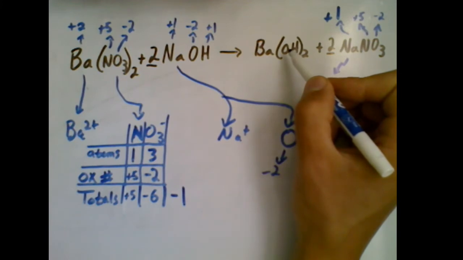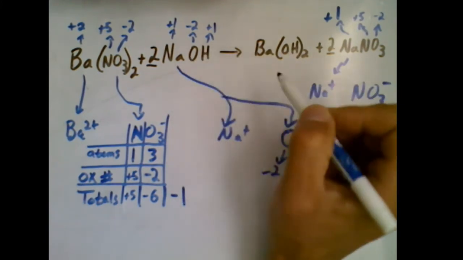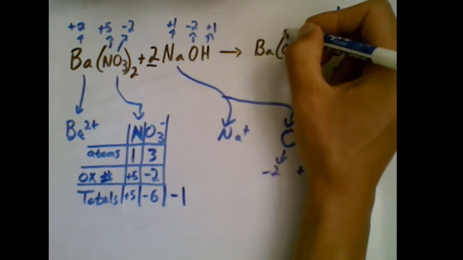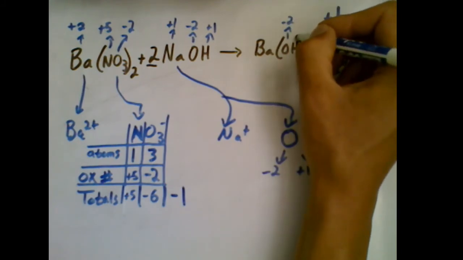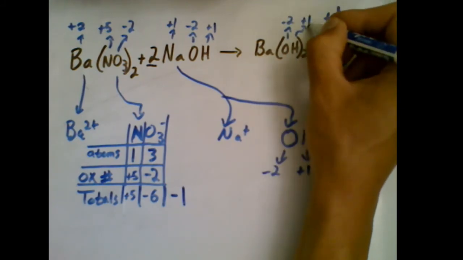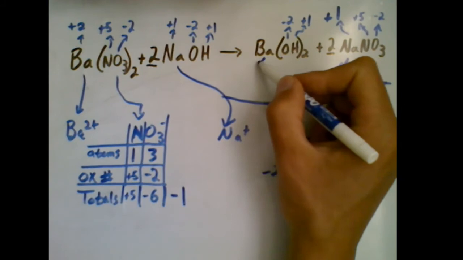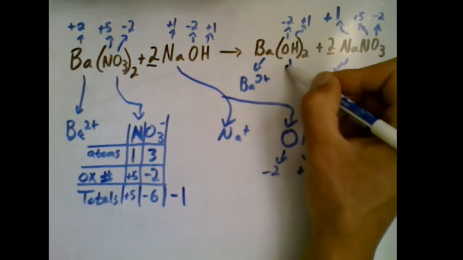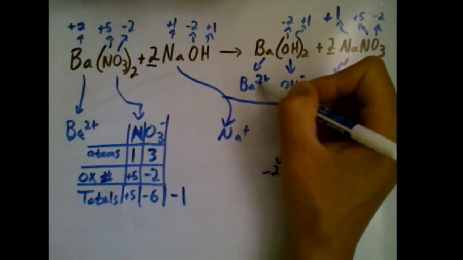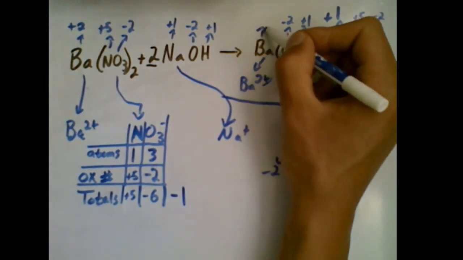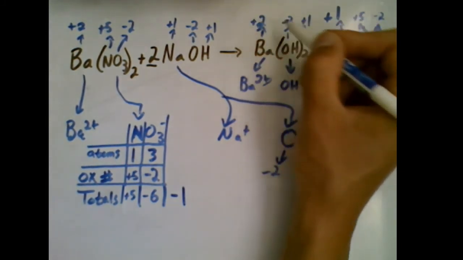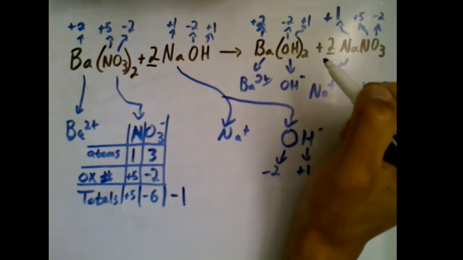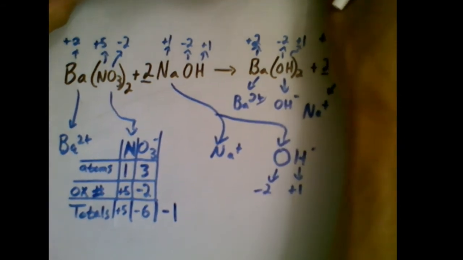OH, well, OH is no different than when it was over here. O -2, H +1. If you were to break this apart, you would find that you'd have Ba2+ combined with your OH-. So that 2+, there's your oxidation number. Okay, so here's what we really need to do now.